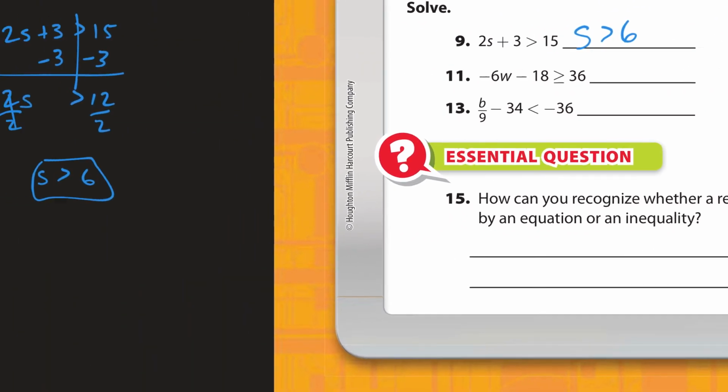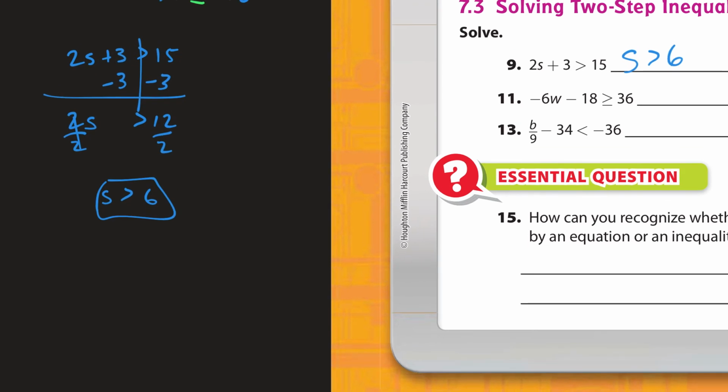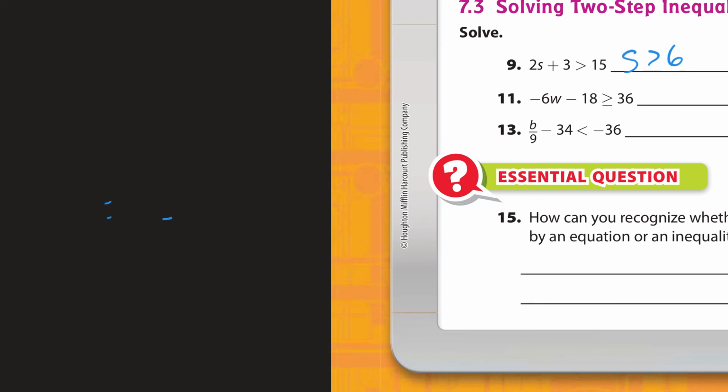And we have the next one, number 11. We're getting close. Number 11 is negative 6w minus 18 is greater than or equal to 36. So two sides, and I will add 18 because it's subtraction of 18 and we want to do the inverse operation.